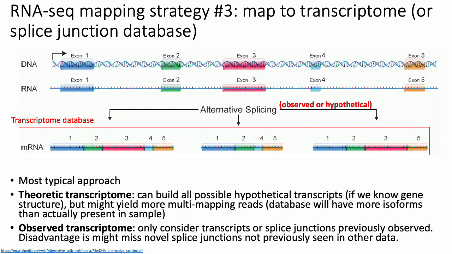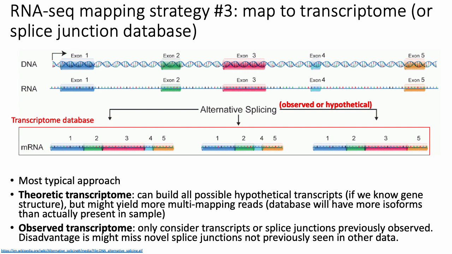And that's a problem because if you have a read that came from a single splice junction of, say, exons 1 and 2, in theory, there could be a lot of isoforms that have exons 1 and 2 spliced together. And so therefore, when you map your read to your theoretic transcriptome database, then you'll have a lot of multi-mapping reads because there's a lot of possible isoforms that have exon 1 and 2 spliced together.